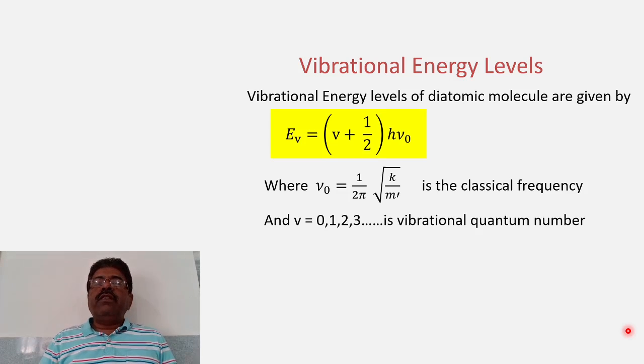So let us start with the vibrational energy level. If you remember, last time we considered the diatomic molecule, and if you assume the vibrations of the atoms about their mean position, you can convert this diatomic molecule, a two particle system, into a single particle system, which is fixed at one end, with a reduced mass attached to a spring.